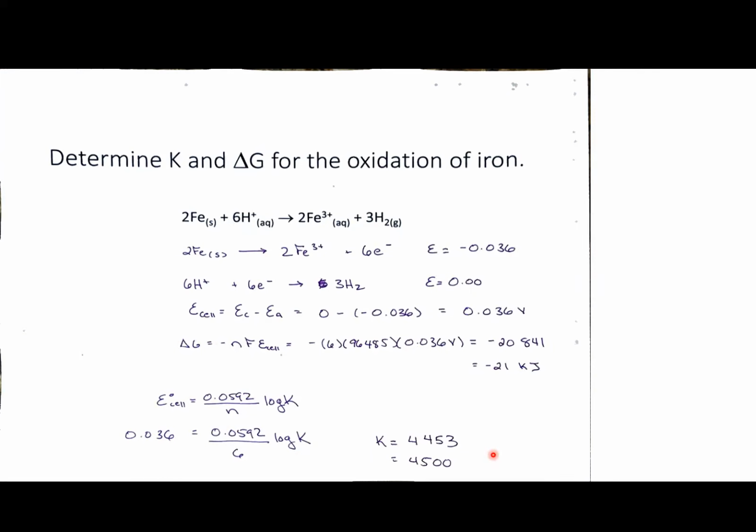Okay? So not that bad. Really, it's just knowing what equations to use. And really, the thing that requires the most critical thinking is this bit up here, which is trying to make sure you've got the right expressions for your oxidation and reduction potentials.